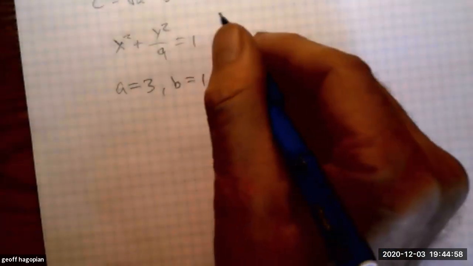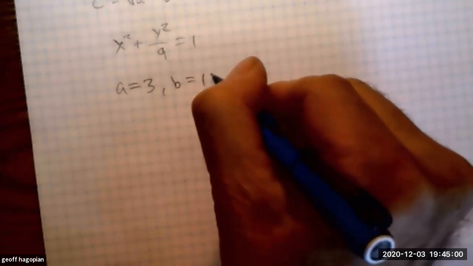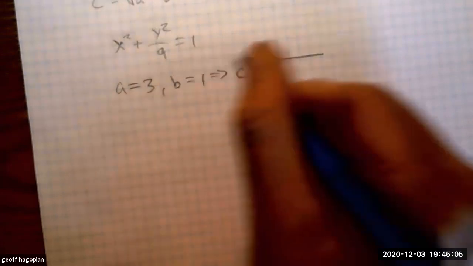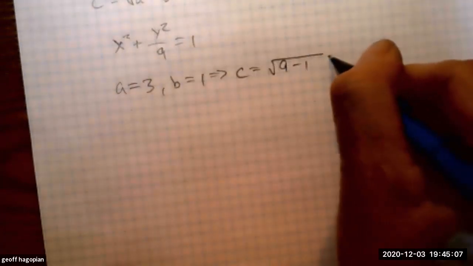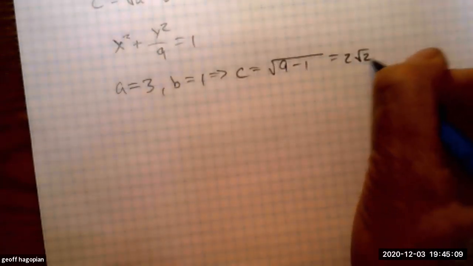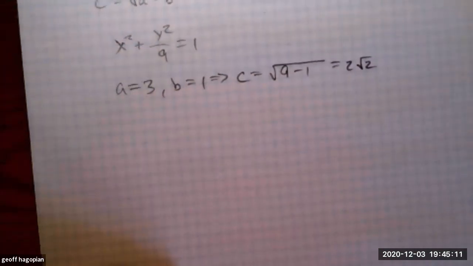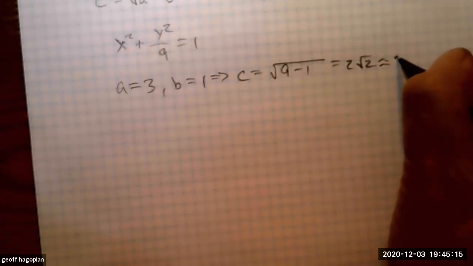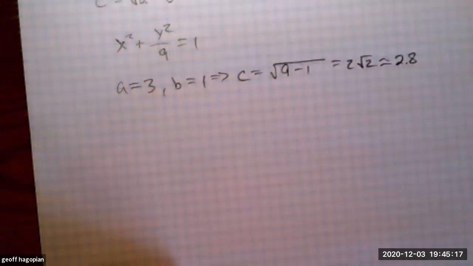And so that implies that C is equal to the square root of 9 minus 1, which is the square root of 8, twice the square root of 2, and that's about 2.8. Square root of 2 is 1.414, so 2.828, something like that.